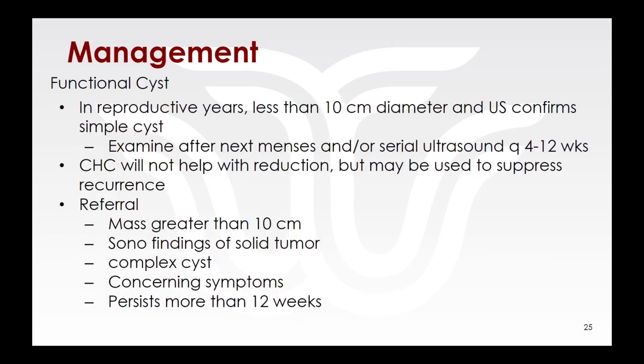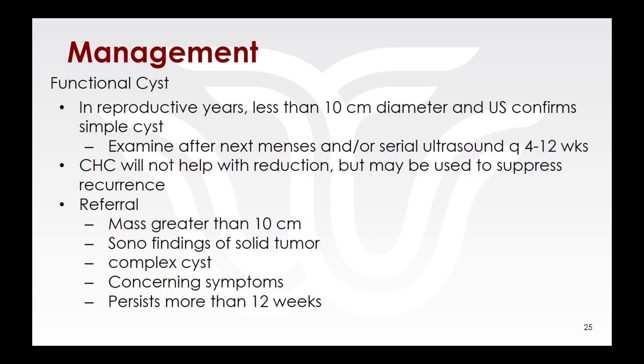In the reproductive years, if you've got a cyst less than 10 centimeters, it is simple, and you can keep the patient comfortable with NSAIDs and other first-line management. You could look at it again after her next period and just continue to watch it resolve over the next few menstrual cycles.